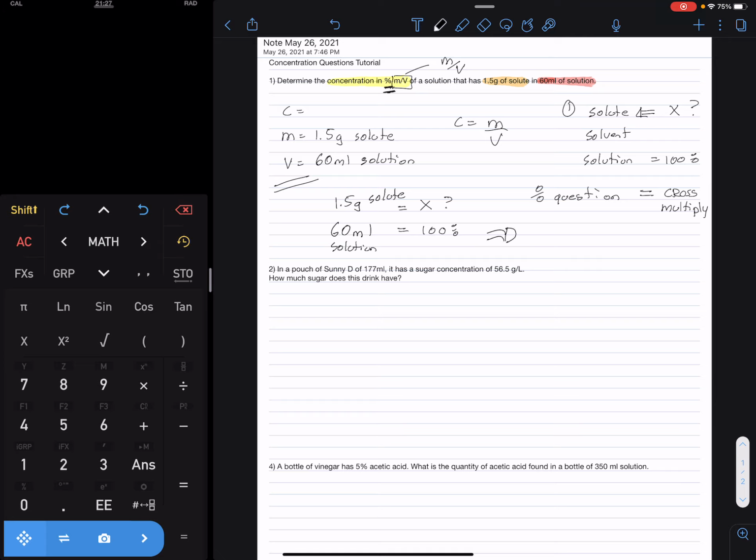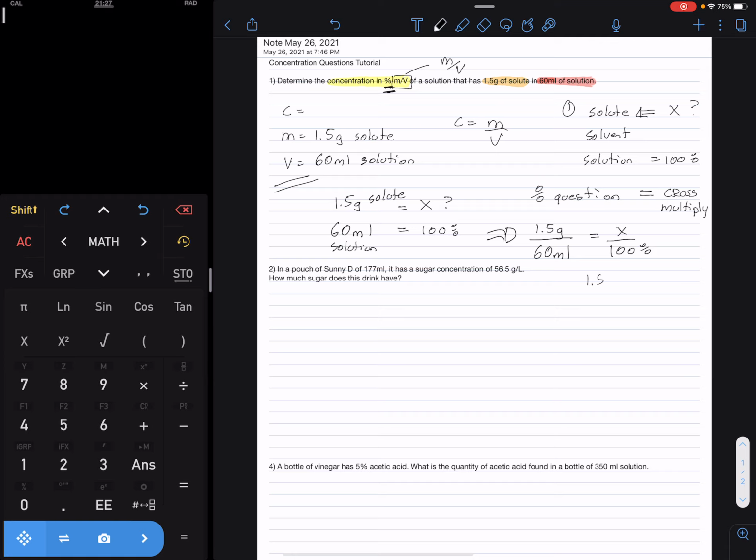Let me rewrite it a little more neatly here. 1.5 grams over 60 ml of solution is equal to X over 100%. Cross multiply.